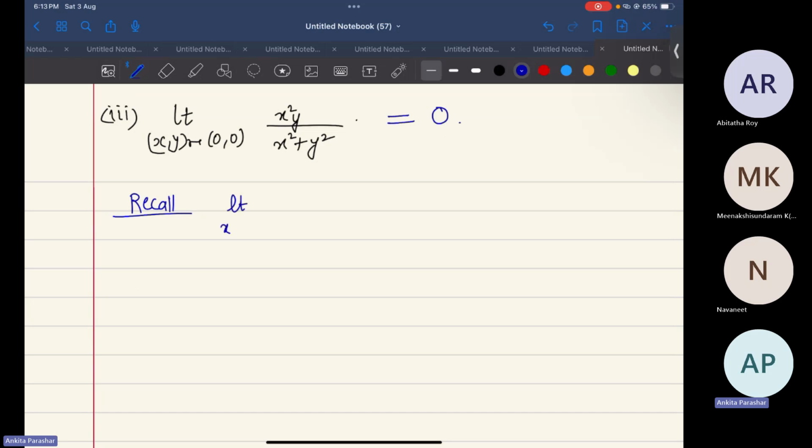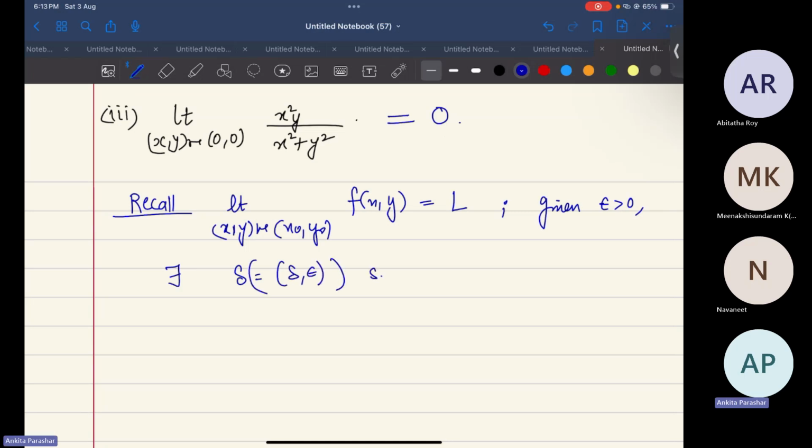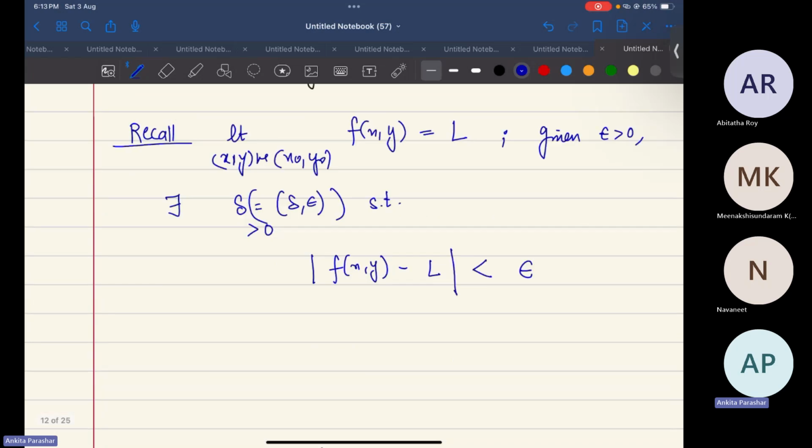We say the limit as (x, y) goes to (x naught, y naught) of f of (x, y) is L if, given any epsilon, a small enough positive number, there exists a delta, of course it depends on epsilon, again positive, such that whenever the distance between your point and the limiting point, that is the distance between (x, y) and (x naught, y naught), is less than delta, the distance between the function value and the limit is less than epsilon.